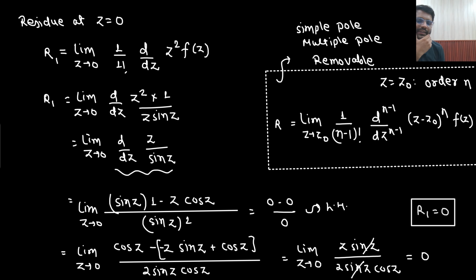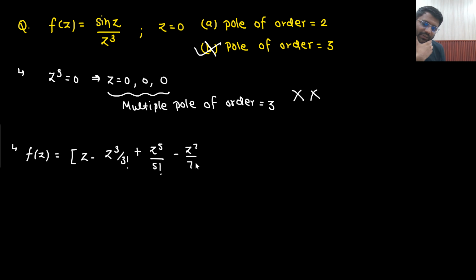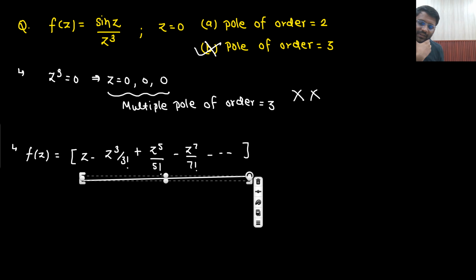Now how can you say that it is not a pole of order 3? The correct way of understanding it is to expand this. What is the expansion of sin z? Sir, the expansion of sin z is z minus z cube by 3 factorial plus z to the power 5 by 5 factorial minus z to the power 7 by 7 factorial and so on, divided by z cube.